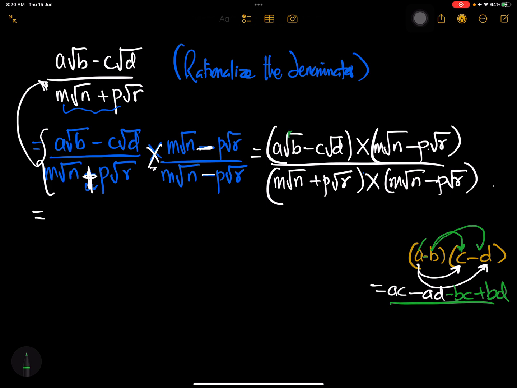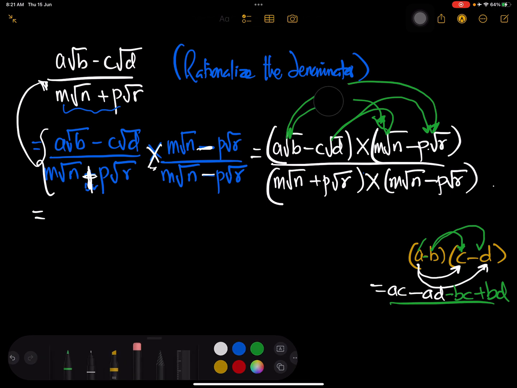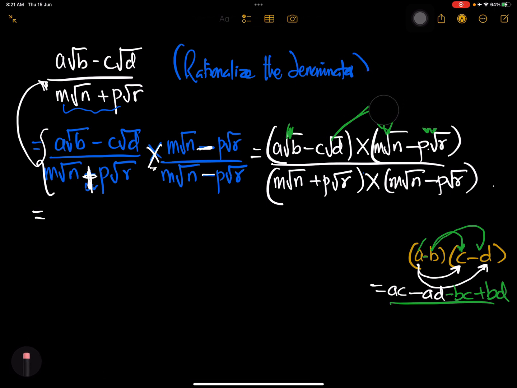So we take this one here. We multiply with this, and then we multiply by that. And when we are done, we multiply this two by this and multiply by that. So let's take the first one. I'm going to multiply by the top there.